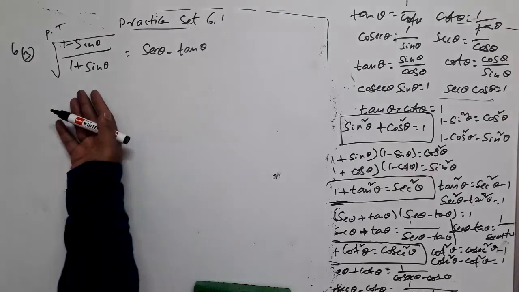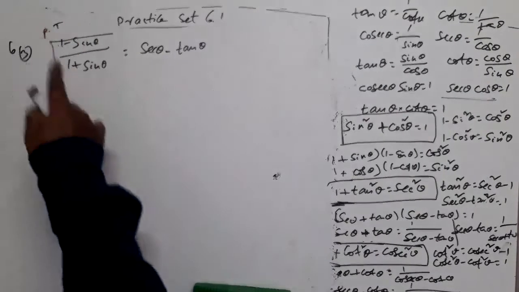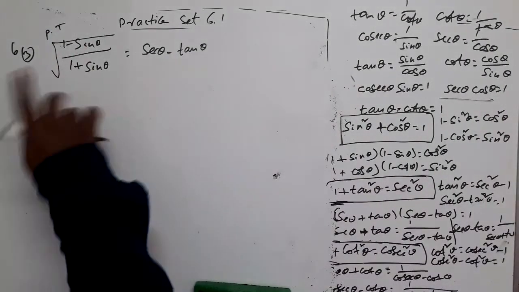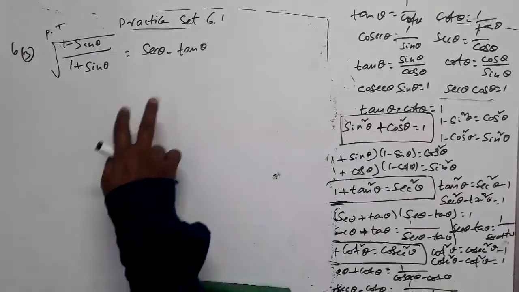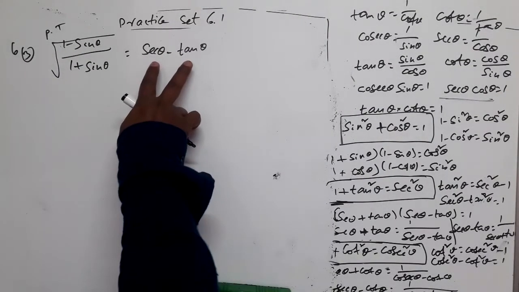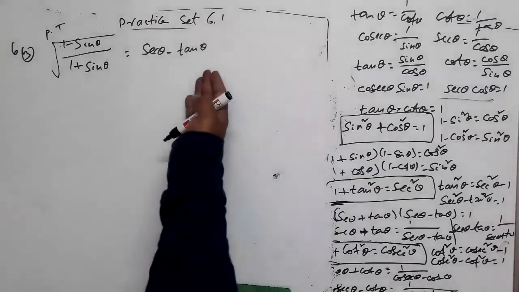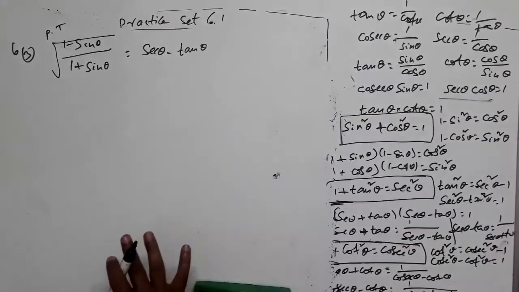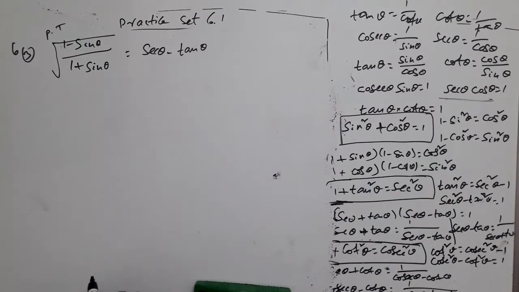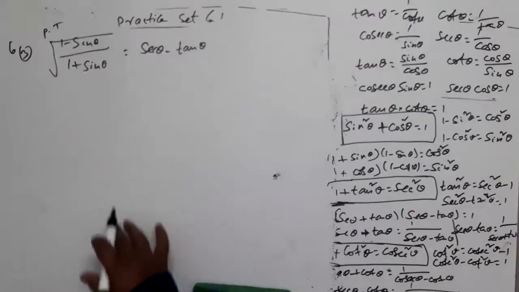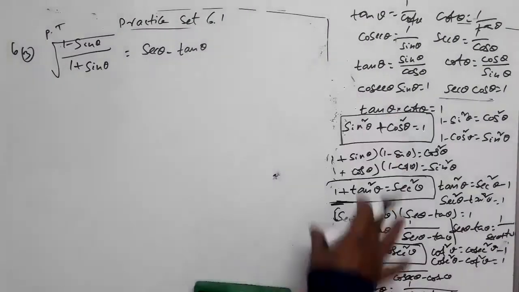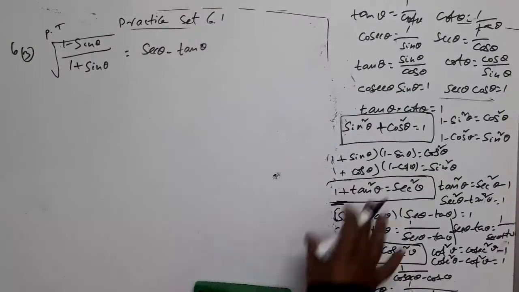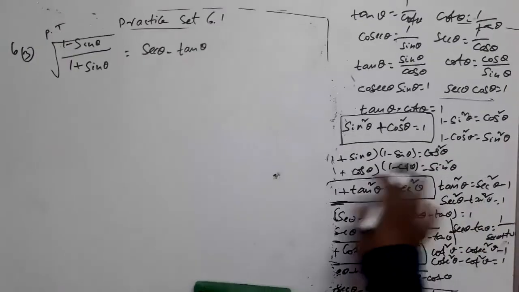The left hand side part contains an expression involving a square root, 1 minus sine, 1 plus sine. The right hand side part contains secant minus tan. You don't have a denominator or a square root here. That's what we have observed. How shall we proceed? Have you got any idea? Think carefully. We have these three identities, and from these identities we can have these relations also.